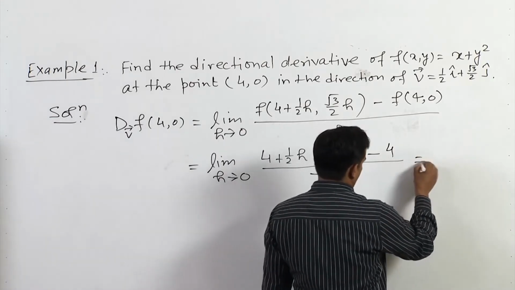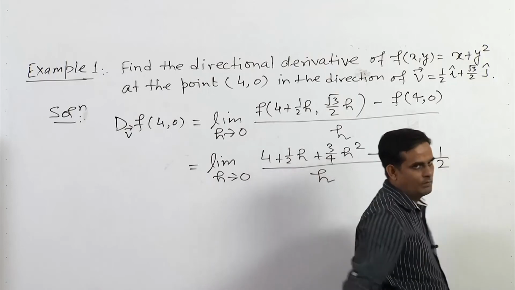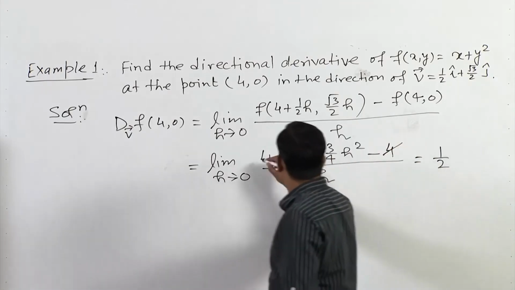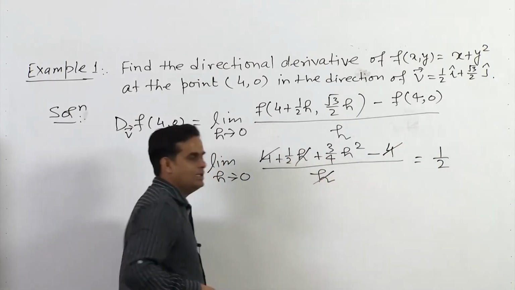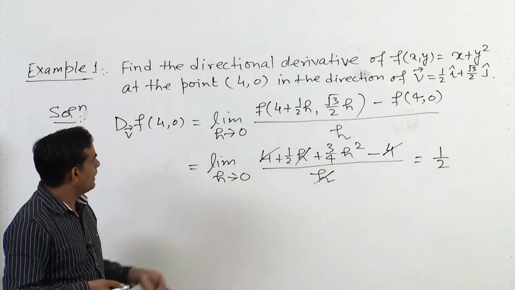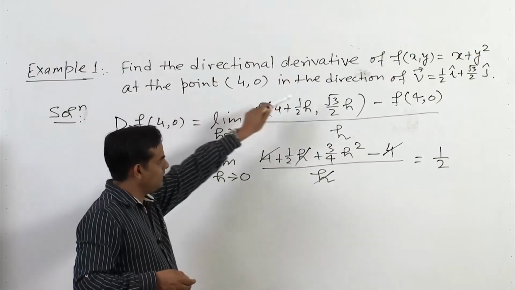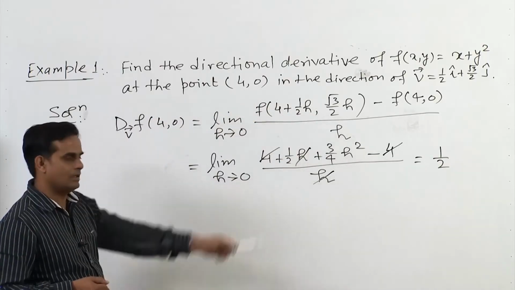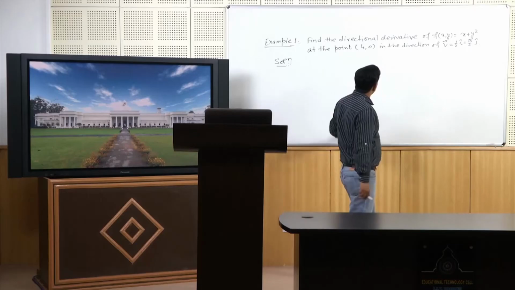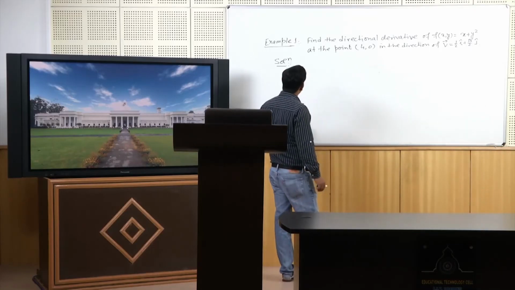So this comes out to be 1 by 2, because 4 will be cancelled out. So the directional derivative of this function at the point 4, 0 in the direction of this vector v is 1 by 2. So let us define another example.